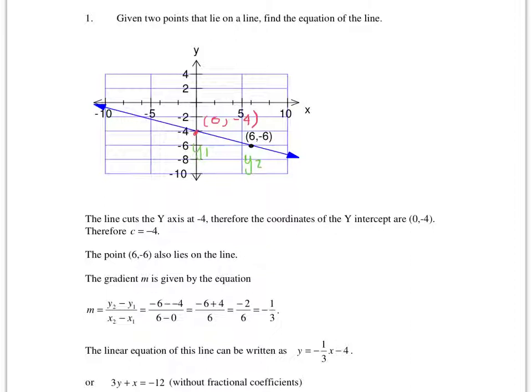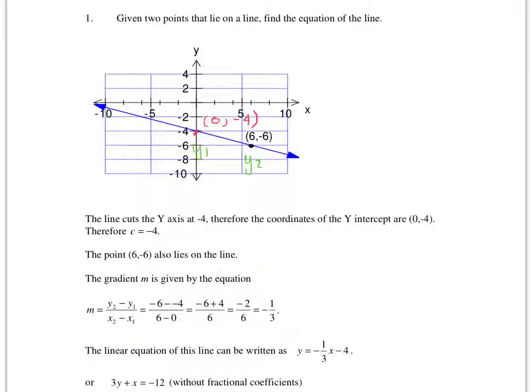The y coordinate of the first point is -4, so -6 minus -4. The x coordinate of the second point is 6, 6 there. The x coordinate of the first point is 0. So hence, when I evaluate all of this, I'll get a gradient of -1/3.